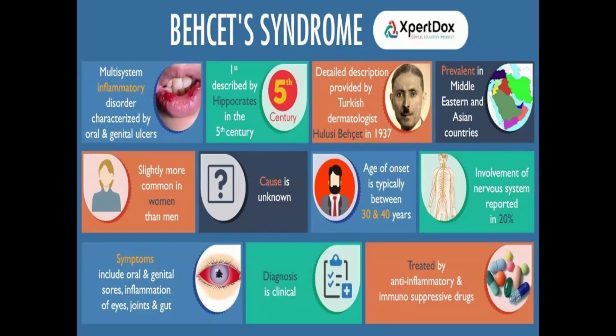Slightly more common in women, age of onset usually 30 to 40 years. Involvement of the nervous system is reported in 20%. Symptoms include oral and genital sores, inflammation of the eyes, joints, and gut. Diagnosis is usually clinical, treated with anti-inflammatory drugs and immune suppressive drugs.